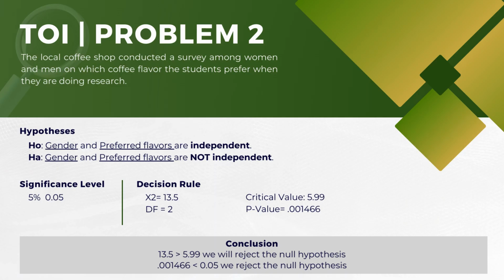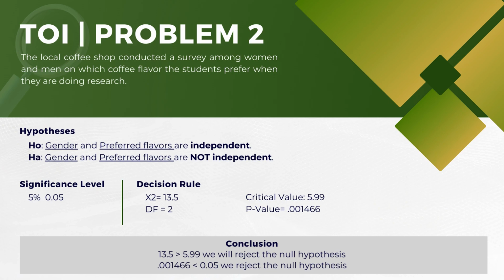Since our significance level is 5% or 0.05, while the values under our decision rule are chi-squared equal to 13.05 and the degree of freedom is 2, using our significance level and degree of freedom, we can get our critical value, which is 5.99, and our p-value is 0.001466.